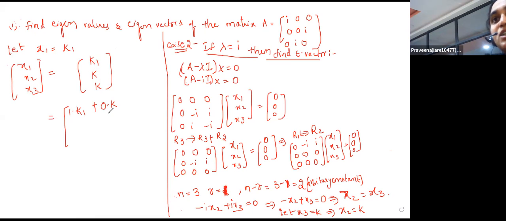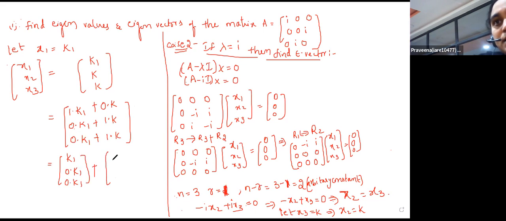If you are adding 0 into k, there is no change in k1, right? And after that, 0 into k1 plus 1 into k. Next, third one also 0 into k1 plus 1 into k. From that, I'll write k1 terms and k terms separately.